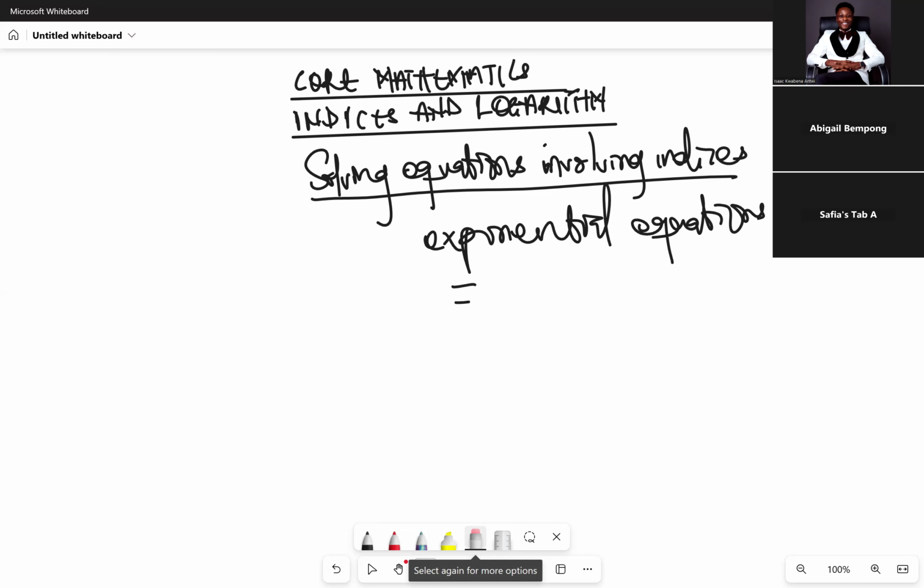Normally to solve such equations, we use this idea: if I have m with a power x equated to m with another power y, as long as the bases are the same, we equate the powers.